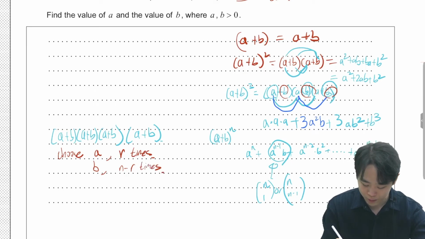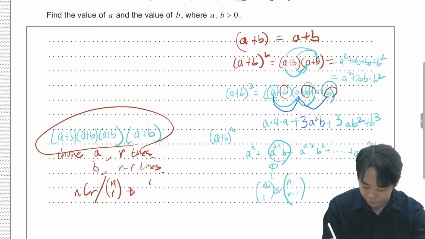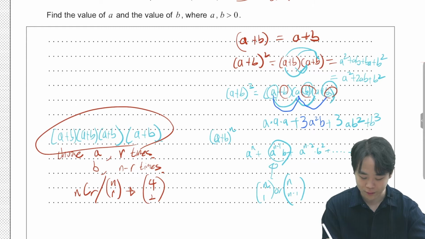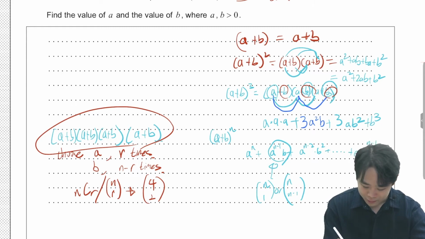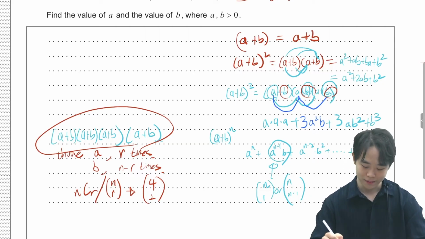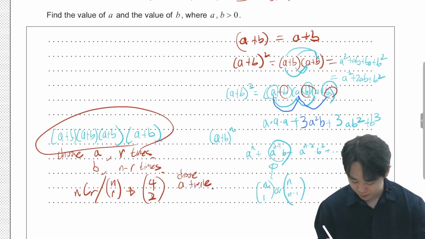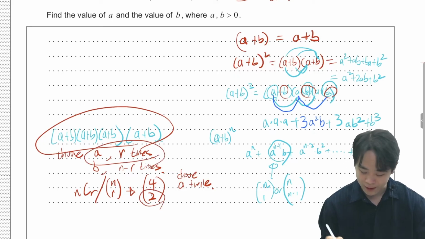So we use n choose r, either notation works, to show that out of n of these, so out of 4 of these, we're going to choose a twice. So there's either these 2 a's or the other 2 a's. So there's a lot of these possibilities. But this shows that we're choosing a twice. You could do this for any value of r.